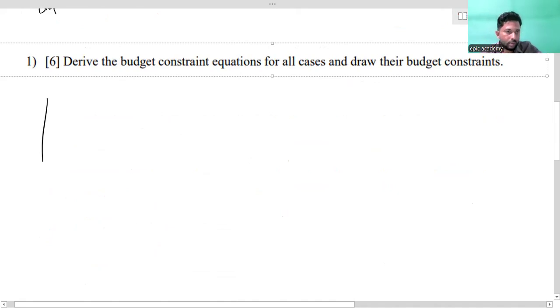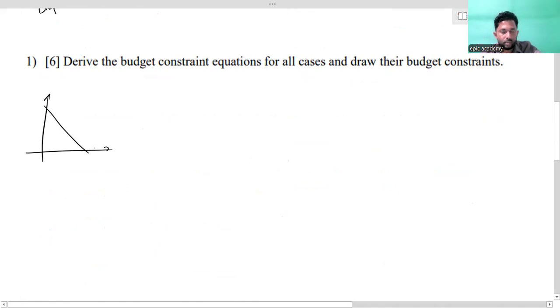Budget constraint means the budget line, right? If you are going to consume only leisure and other consumption, your buying ability will be represented by the budget line.